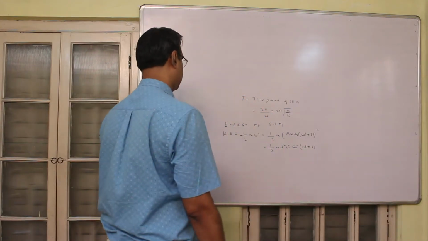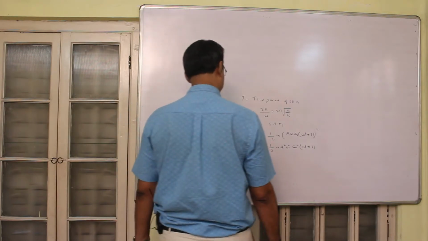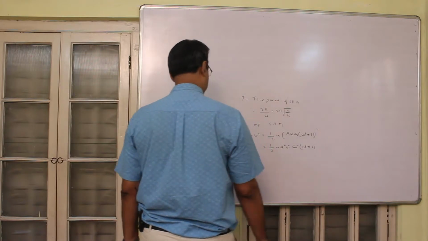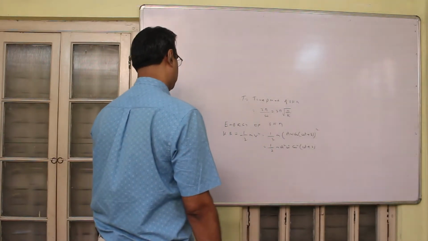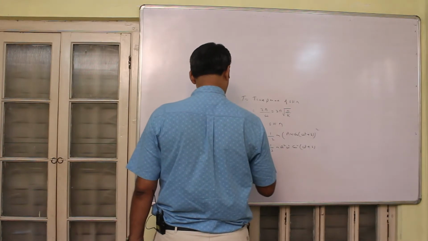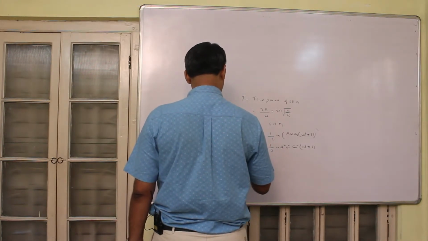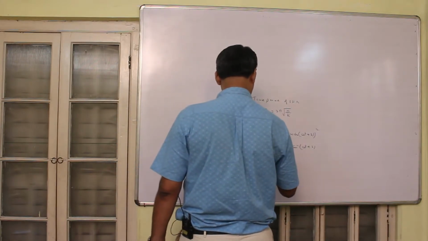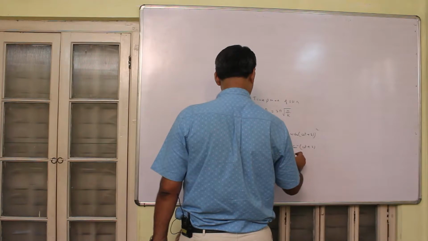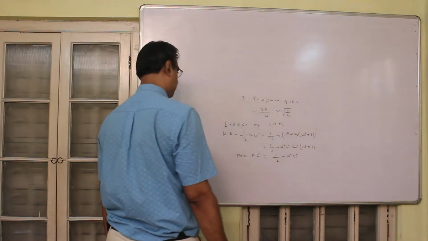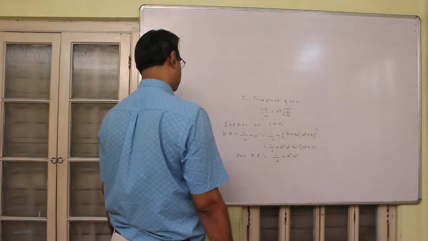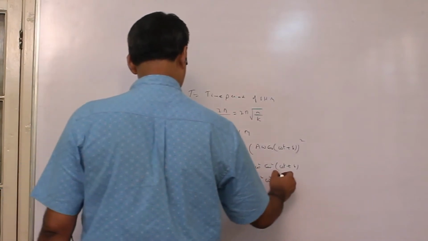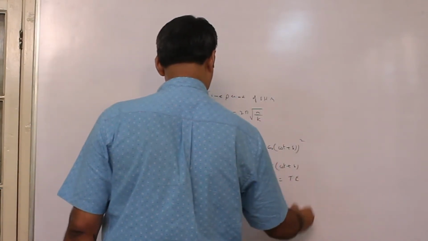So it is half m a square omega square into cos square omega t plus delta. This is the expression for the kinetic energy. Now, suppose I want to know what is the maximum kinetic energy. So maximum kinetic energy will happen when cos square omega t plus delta is 1. So maximum kinetic energy is this, which means the total energy is this.